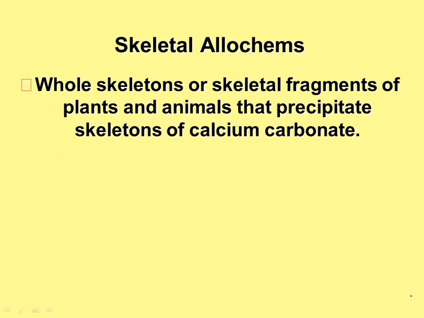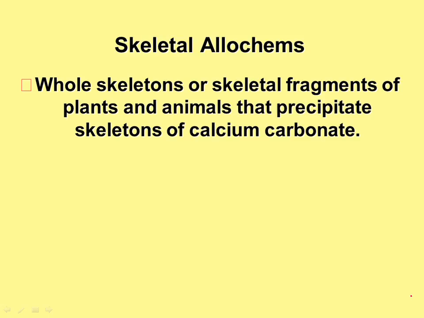The skeletons involved can be an entire skeleton, which is particularly true when you deal with microfossils such as forams and other planktonic types, or they can be skeletal fragments, which typically is the case where you have, say, a clam or a gastropod that is in its own right a sizable chunk of calcium carbonate, but through a variety of biological or physical activities, that skeleton gets broken into smaller and smaller pieces.